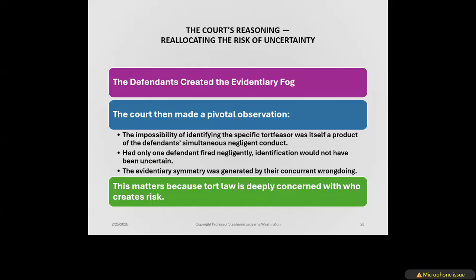And what do we care about a lot in tort law? Who creates an unreasonable risk of harm? Here, the defendants created not only the risk of physical injury, but also the bad acts done by these two negligent actors created the risk of evidentiary uncertainty.